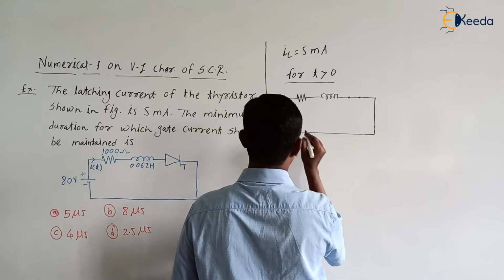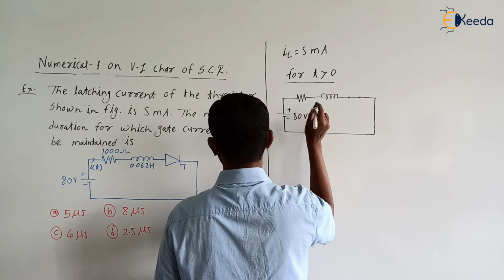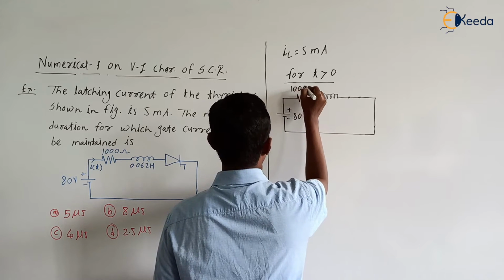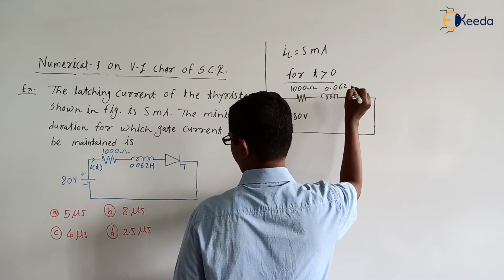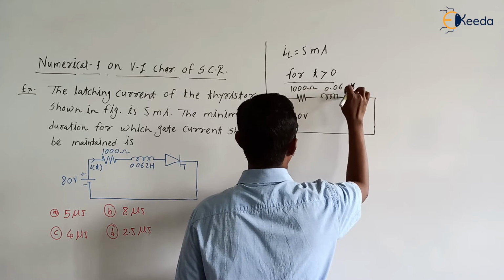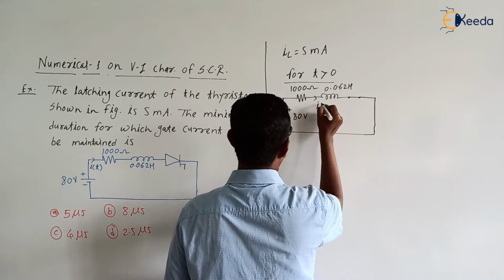This is the circuit for t greater than 0. This voltage is 80 volt, here it is 1000 ohm, and this is 0.062 Henry. This current is i(t).